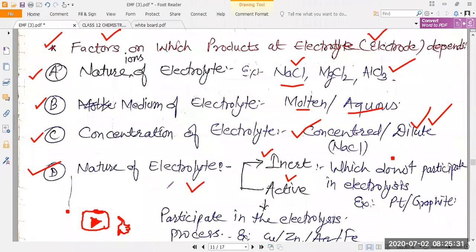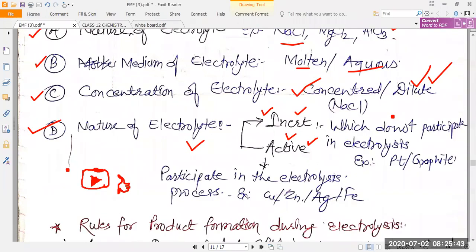So on the basis of nature of electrode, there are two types: inert electrode and active electrode. Examples of active electrodes are copper, zinc, aluminum, iron, and silver. The inert electrodes are graphite, platinum, and mercury. These three types of electrodes we can take as inert electrodes.